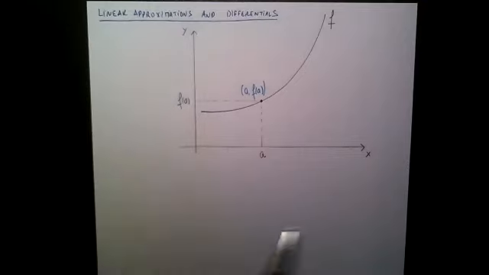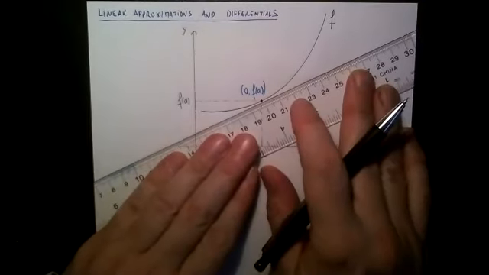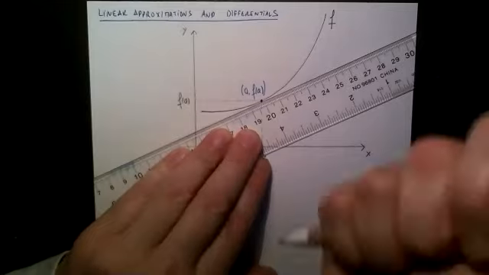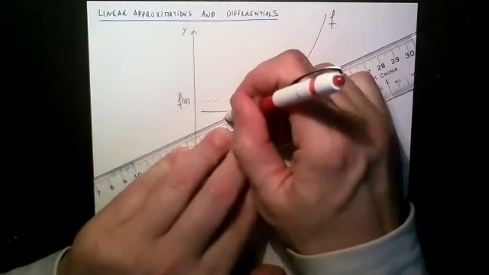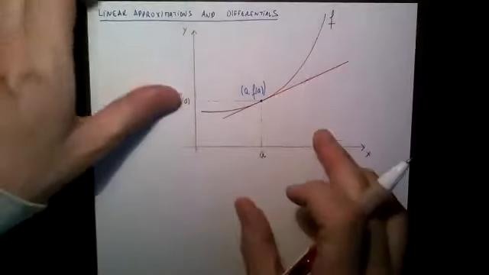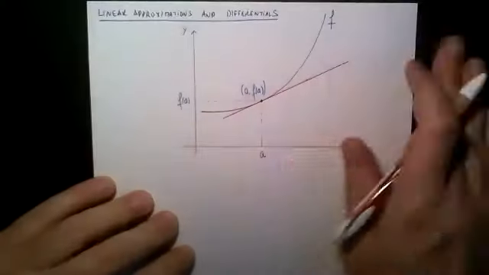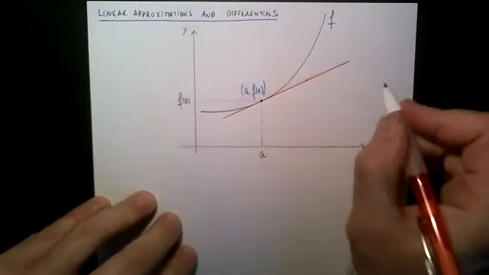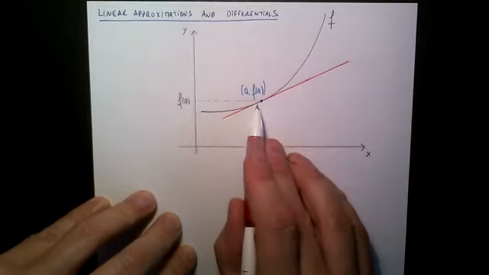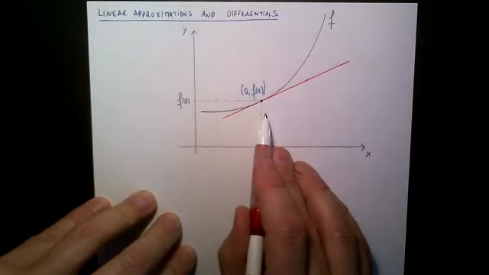Well, I have, of course, a tangent line. This is what we've been doing until now. And of course, we know how to find the slope, and so also we know how to find the equation.